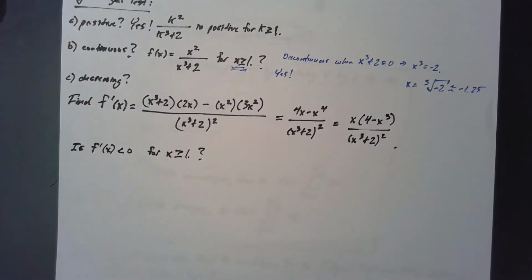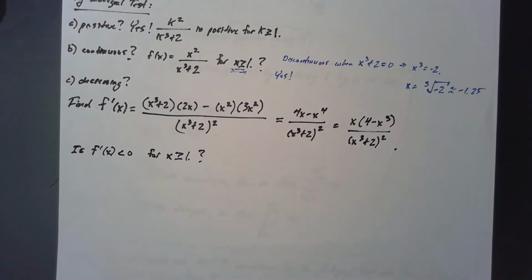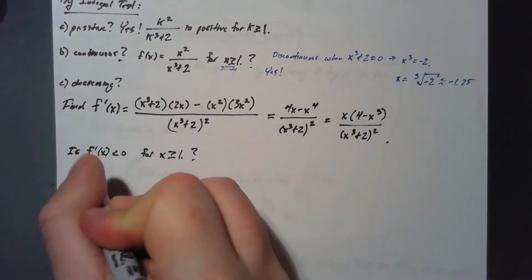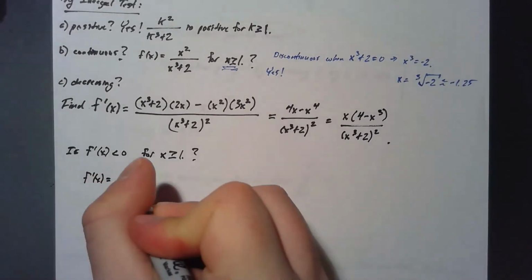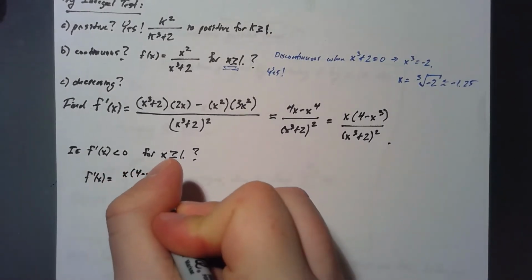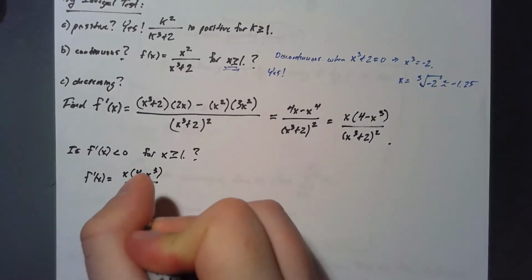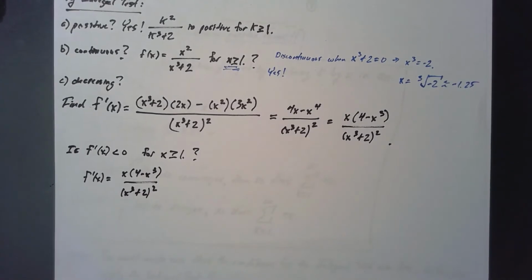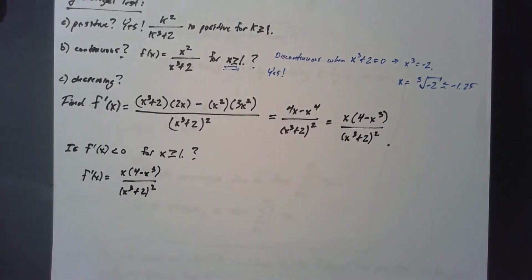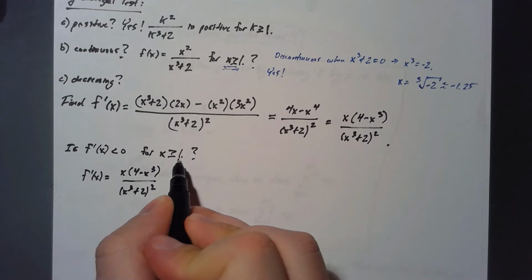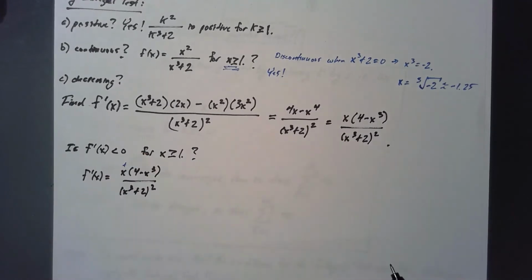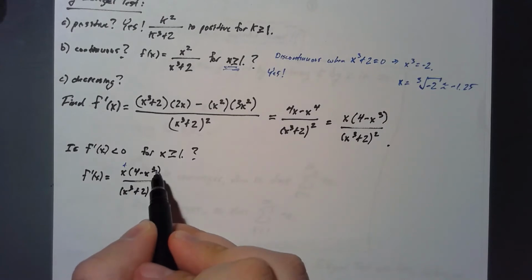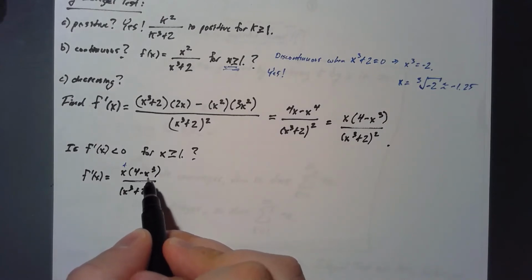Well, if I look at this, that's my derivative, right? When x is greater than 1, the x is obviously going to be positive. Now, what about this quantity? I have 4 minus something cubed.